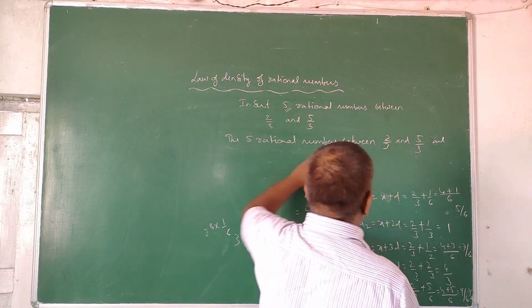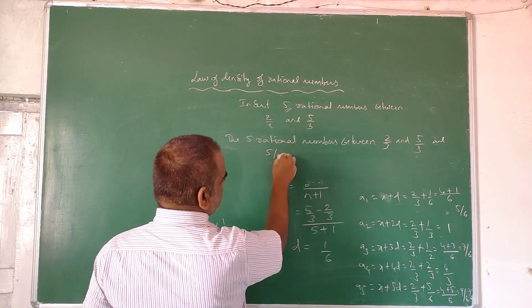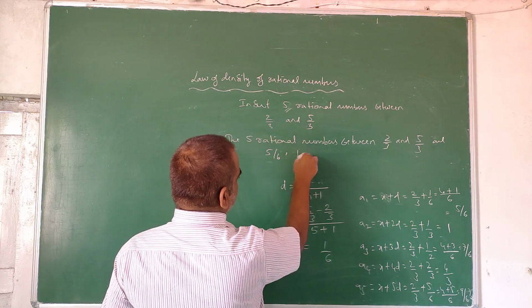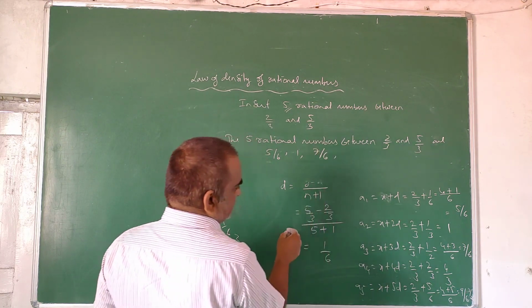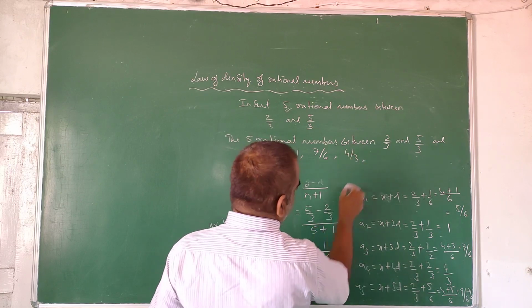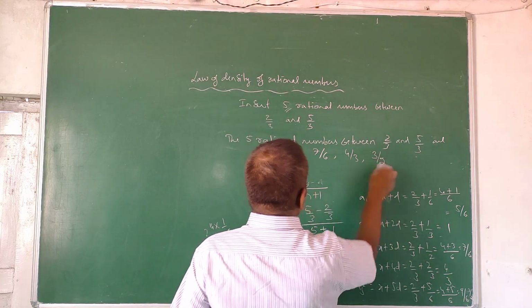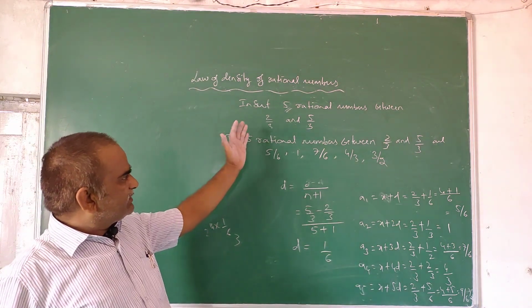You see, A1, what did you get? 5 by 6. Next one, what did you get? 7 by 6. Next, what did you get? 4 by 3. Next, what did you get? 3 by 2. So these are the required 5 rational numbers between 2 by 3 and 5 by 3.